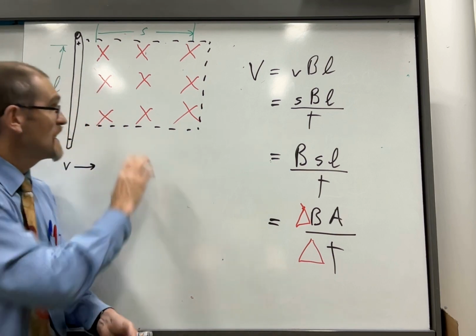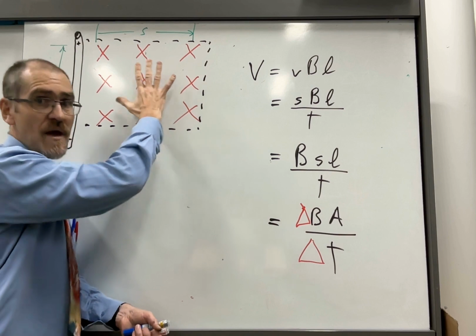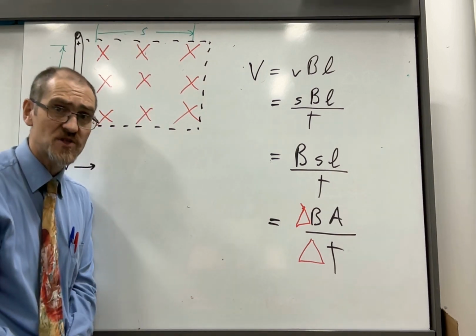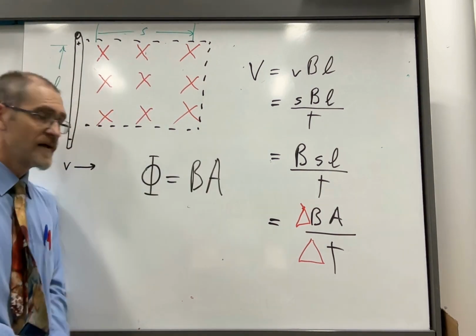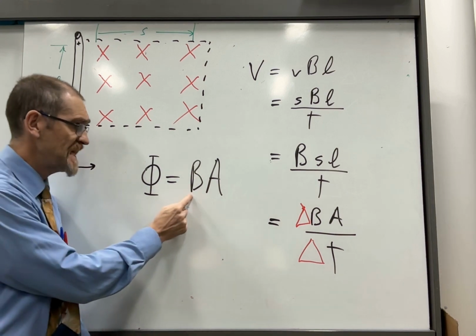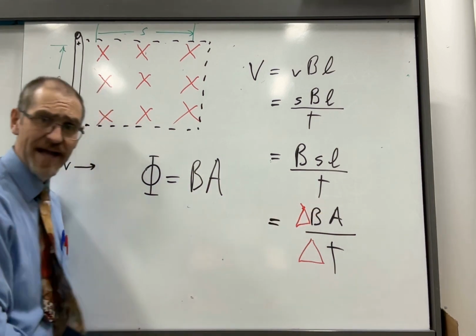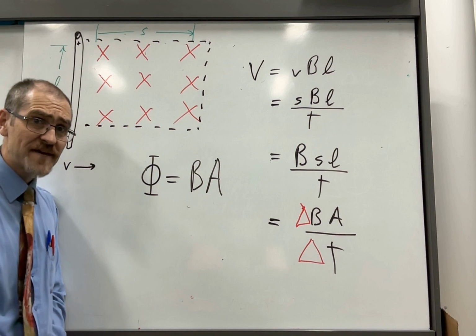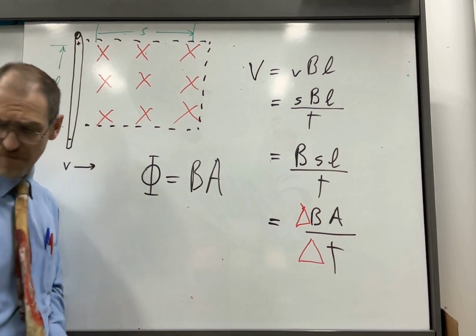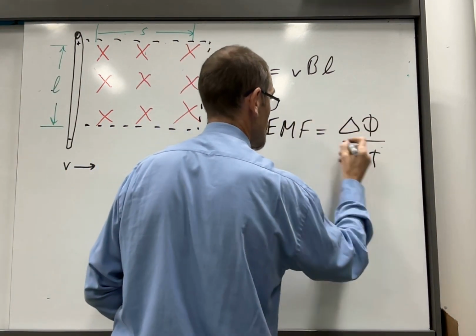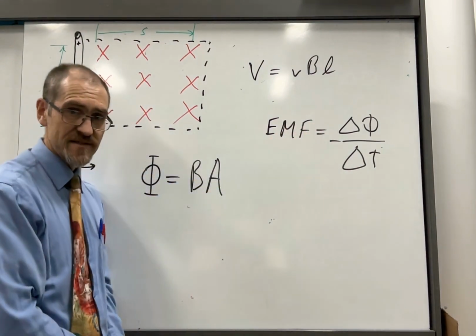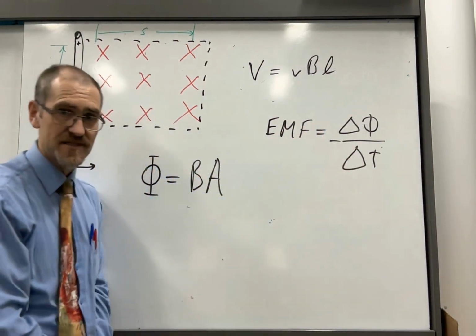Flux describes the total amount of field moving through a given surface area. Flux is defined as B multiplied by A. So now finally we can give the Faraday's law that we're all very familiar with: delta phi over delta t, the change in flux over the change in time.